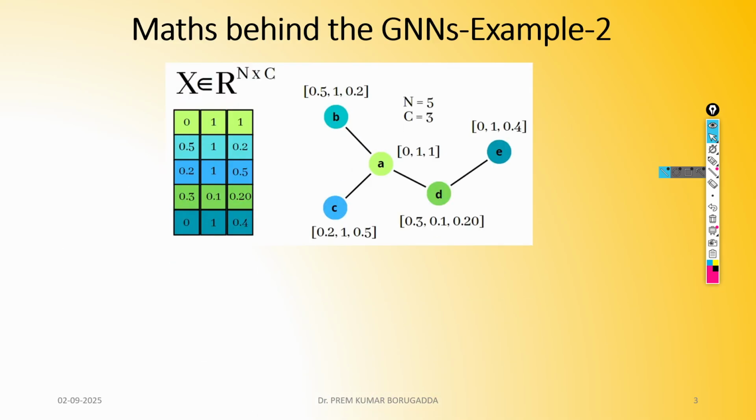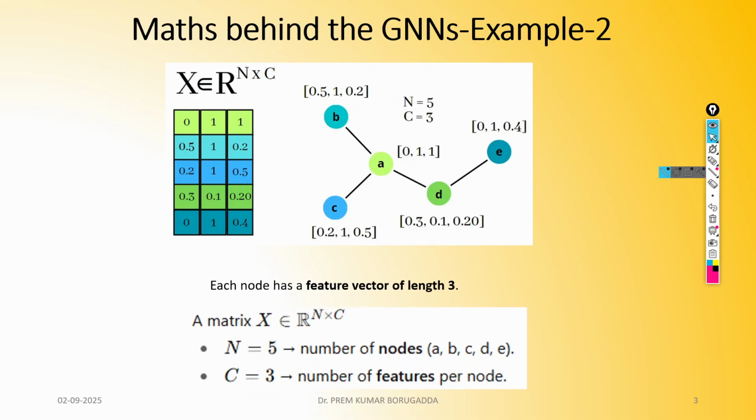So here is the maths behind the GNN, example 2. Here there are the 5 nodes. In these 5 nodes, each node has a feature vector of length 3. So node A has the 3 features 0, 1, 1.